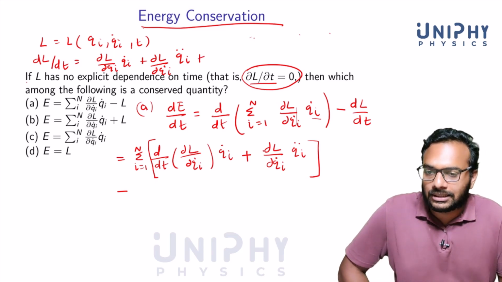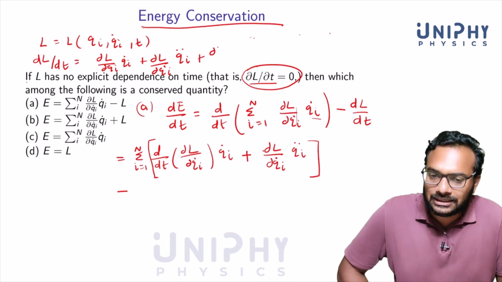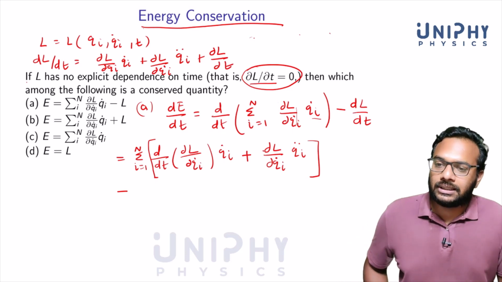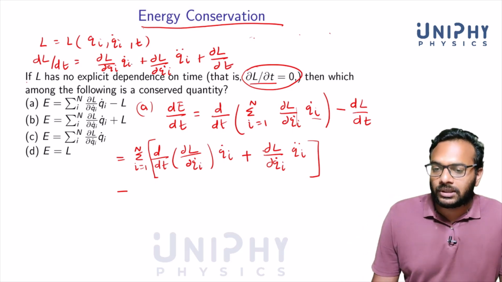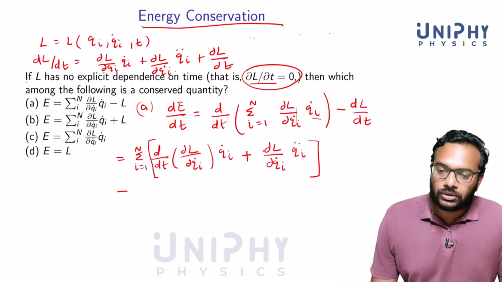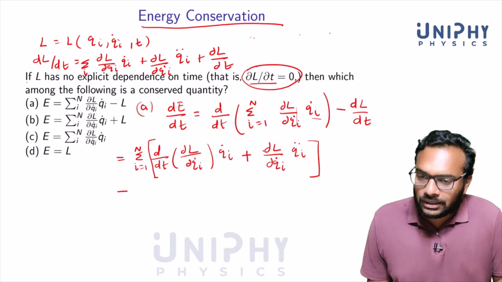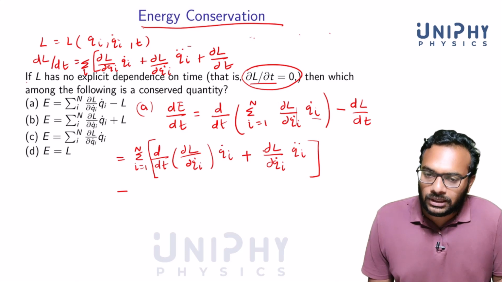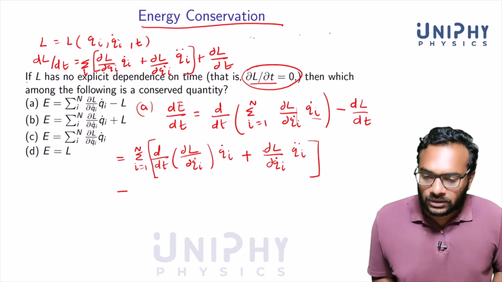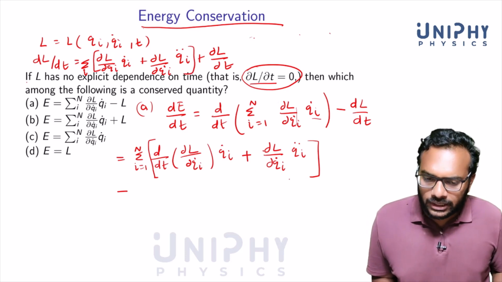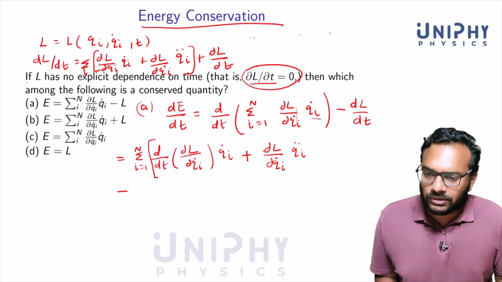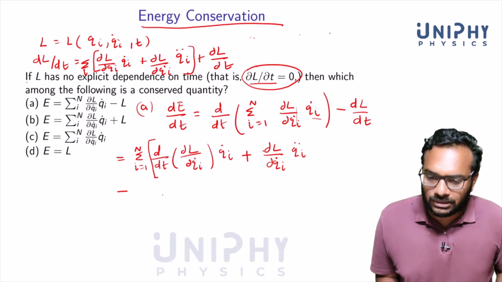And there's another term here because this is an explicit dependence. This is ∂L by ∂t. All right, so dL by dt is ∂L by ∂qi times qi dot plus ∂L by ∂qi dot times qi double dot plus ∂L by ∂t, and there has to be a summation over i. This summation I think we can pull outside because it's the same summation. We don't have to write it all over again.